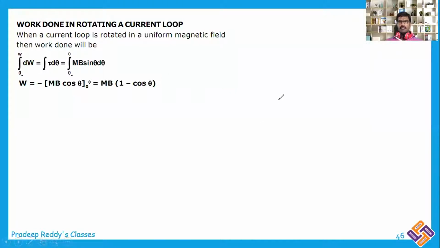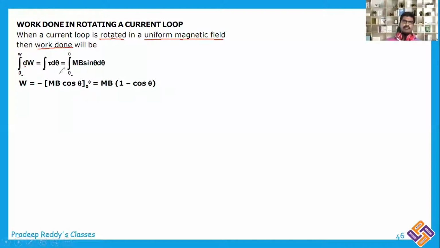So when a current carrying loop is placed in an external magnetic field, it gets rotated. And when such a loop is rotated in a uniform magnetic field, work is said to be done. Now I want to calculate that work done.